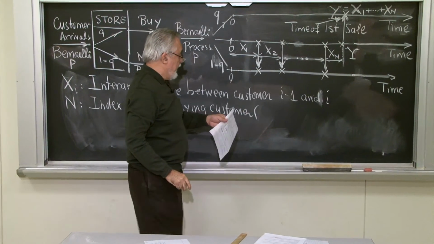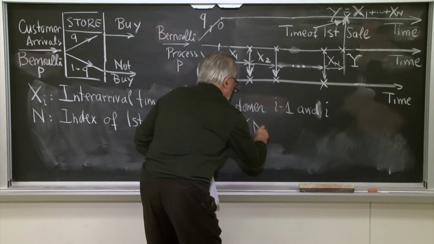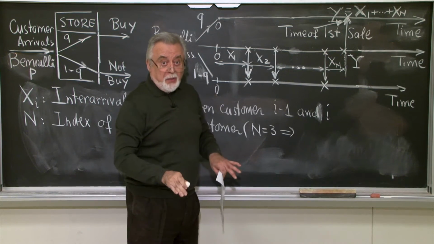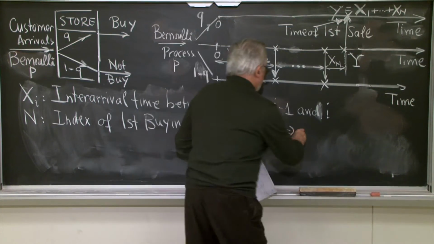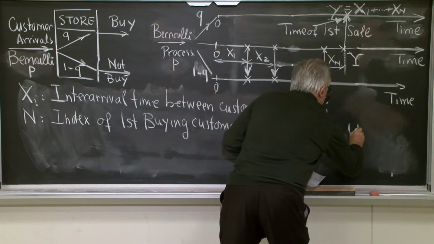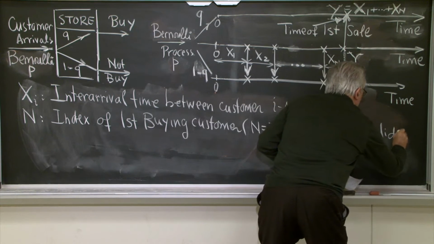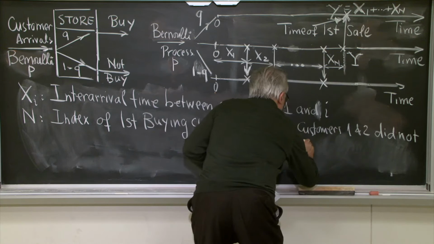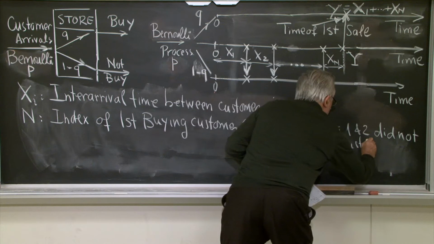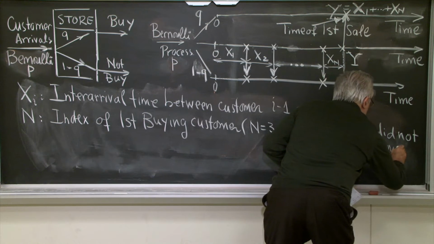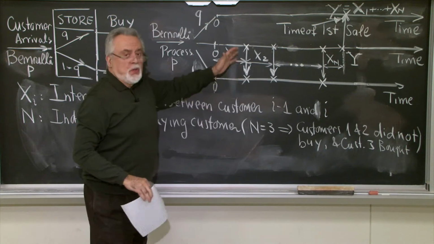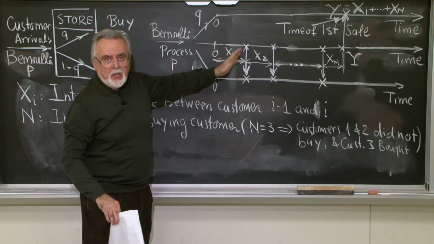So as an example, if N is equal to 3, that means that customer 1 and 2 did not buy, but customer 3 bought. Of course, it's possible that the very first customer bought, in which case N is equal to 1.